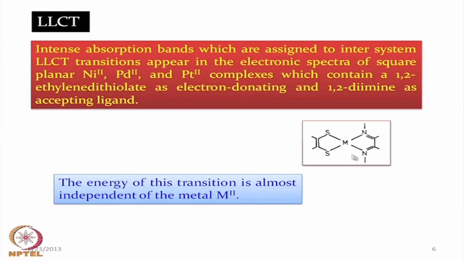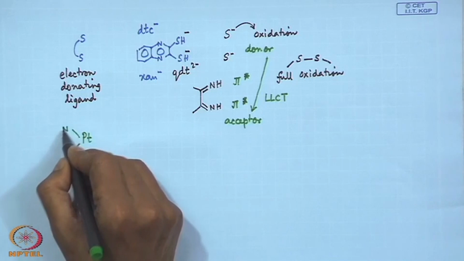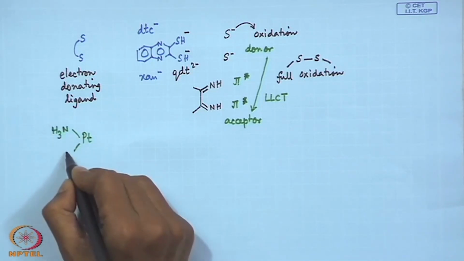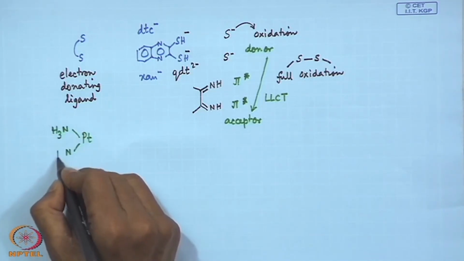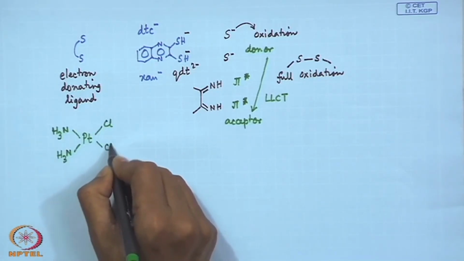So some experimental manipulation is there, some procedure where we can make these molecules in a typical way. That means first we make the corresponding dichloro compound, the way we make it for platinum, having two ammonia groups and its chloro derivative.